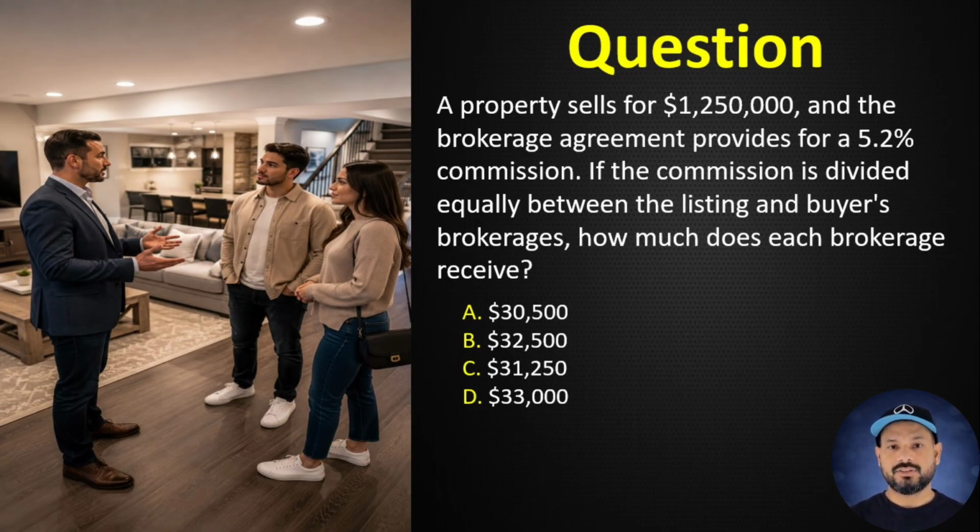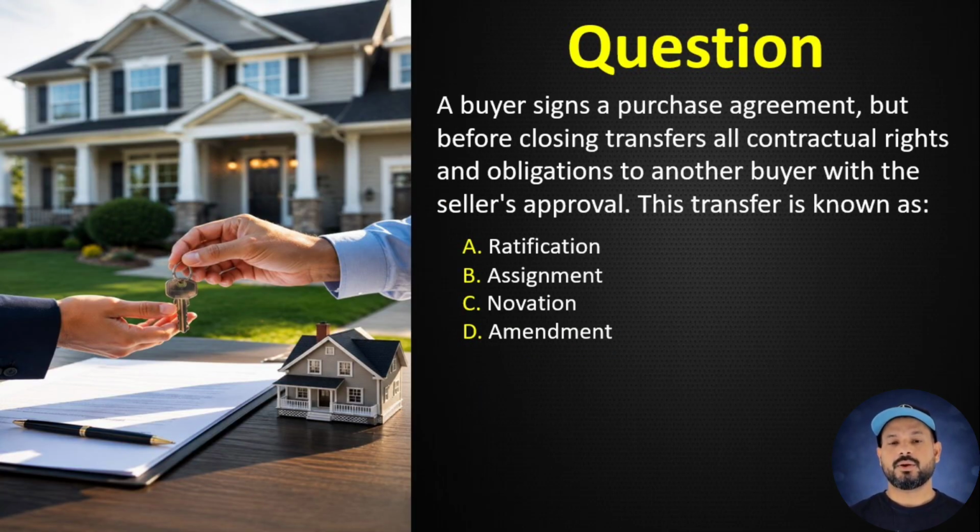A. $30,500, B. $32,500, C. $31,250, D. $33,000. Correct answer: B. $32,500. A 5.2% commission equals $65,000, split equally into $32,500 each.